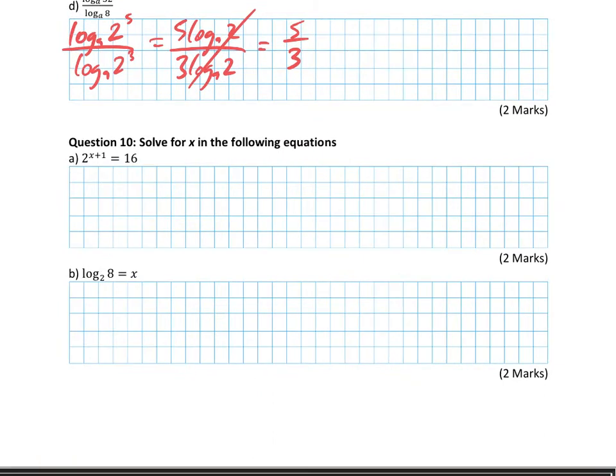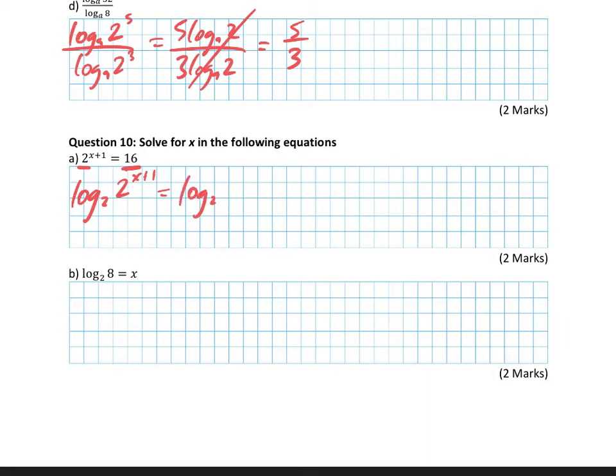So solve for x in the following equations. Well, I can use logs here because the base number is 2, and this is also a multiple of 2. I'm going to put log in base 2 of both of these. So I haven't changed the question. All I've done is put log base 2 on both sides, applied it to both sides.